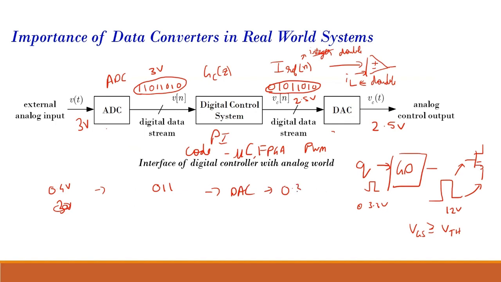It comes out to be 0.375 volt. So 0.44 volt cannot be represented in my digital domain. Its equivalent is 0.375 volt. Okay, that is the error. That is a limitation of digital control. So to overcome this limitation, I have to increase the resolution.